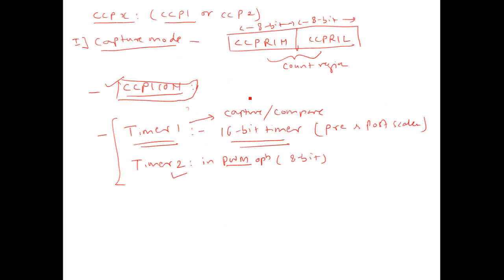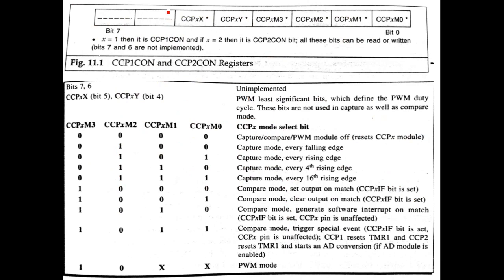Okay, so if you go for the CCP1 control or CCP2 control register, both have identical bit patterns. This register is a control register used to configure the module. So you can see the meanings of the different bits.